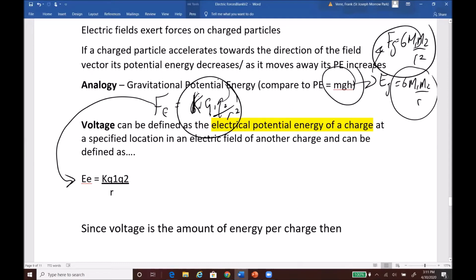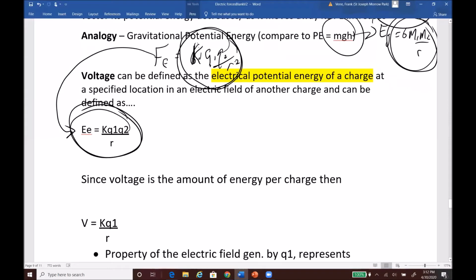We can derive an equation for energy as a function of k q1 q2 over r. And if you notice, these two equations have the same form. This will allow us to calculate the energy of a charge at different points, and we'll use that later on when we do some calculations.